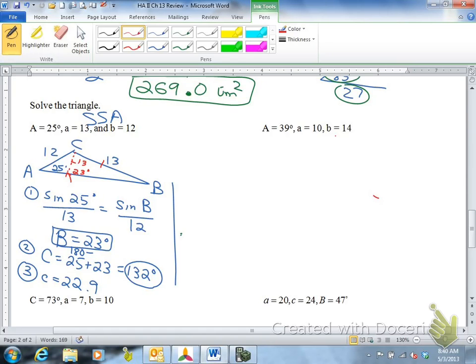So what's angle B prime? 157. So if angle B prime is 157 degrees and angle A is 25 degrees, how much is angle C, or C prime? Negative 2 degrees. So there's only one solution. There's no second solution.